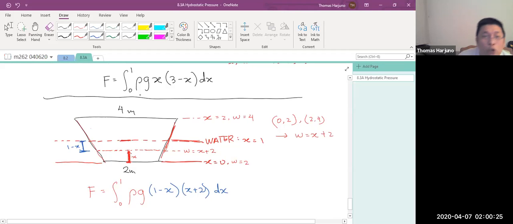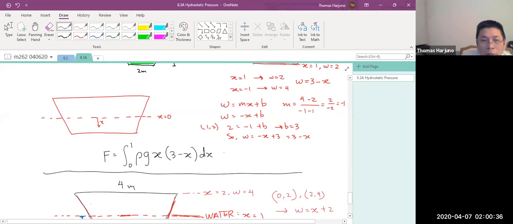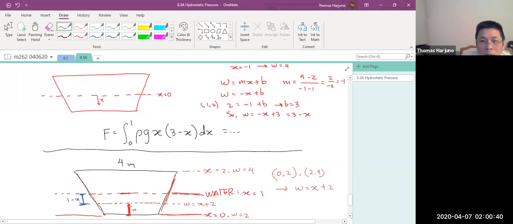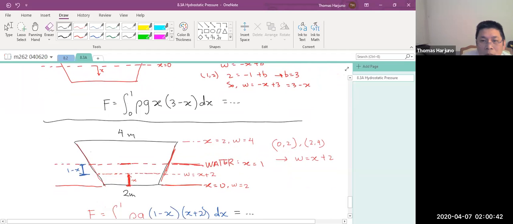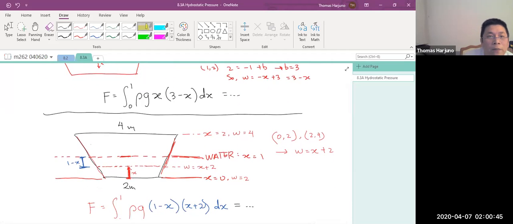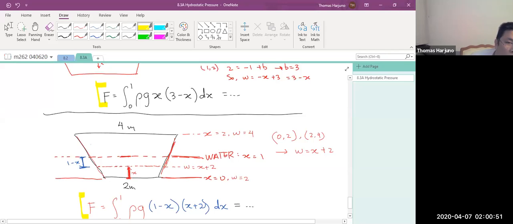Now, when you compute this, this is where you may get confused. The result you have here should be the same as the result you have here, unless you set up one of them incorrectly.